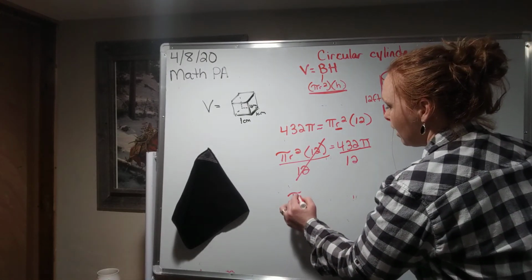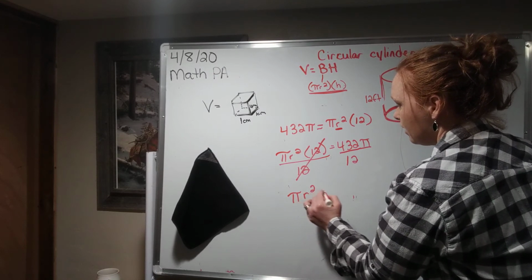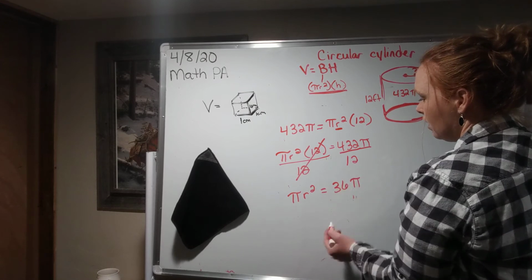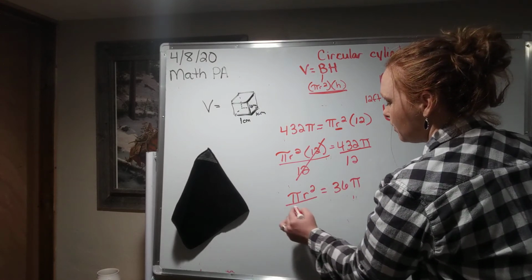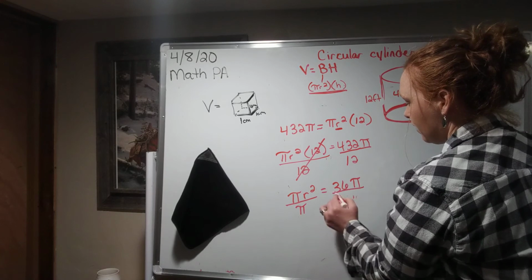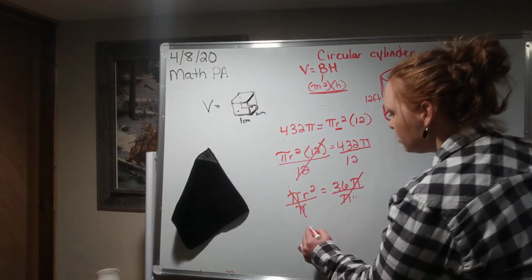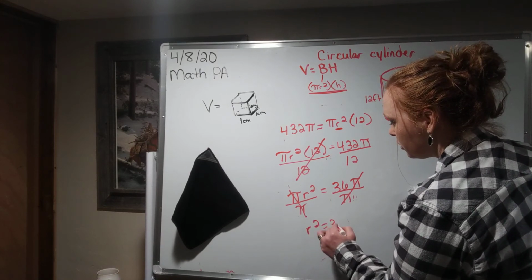So now I have pi r squared equals 36 pi. Now I want to get rid of the pi over here, so I'm going to divide by pi. They actually both cancel out. Okay, so I'm left with r squared equals 36.